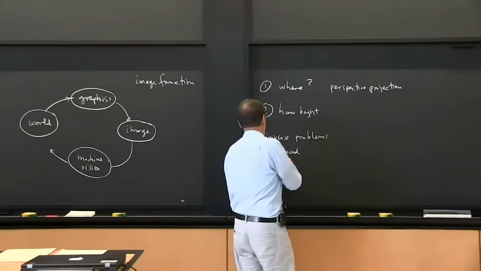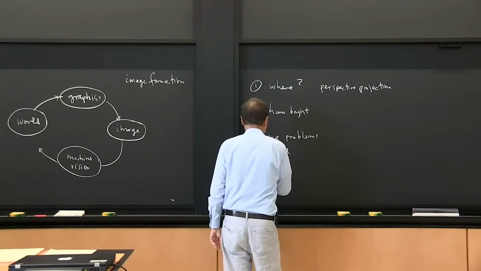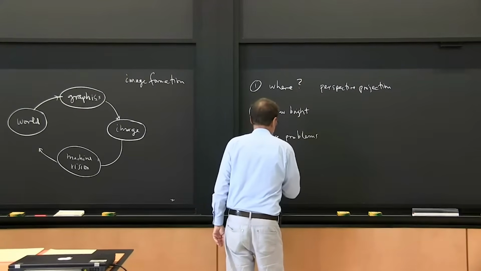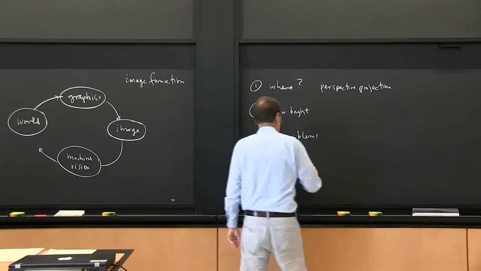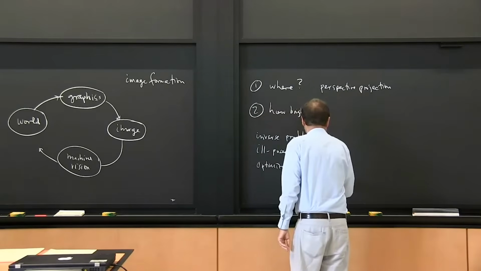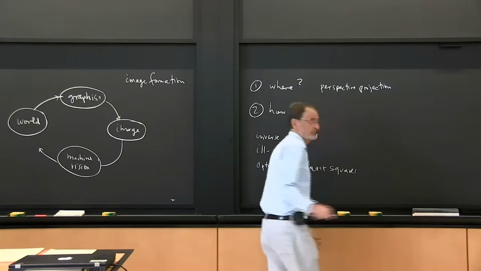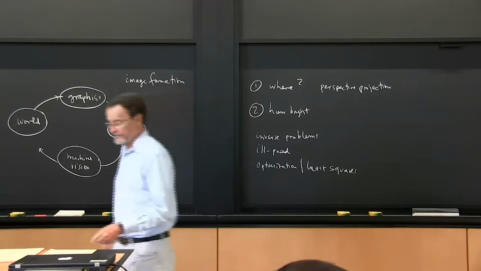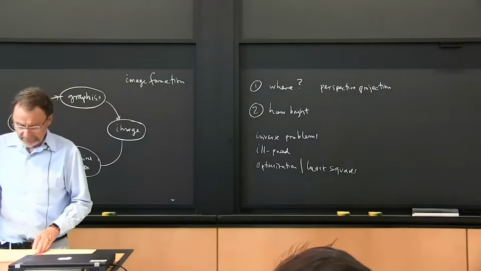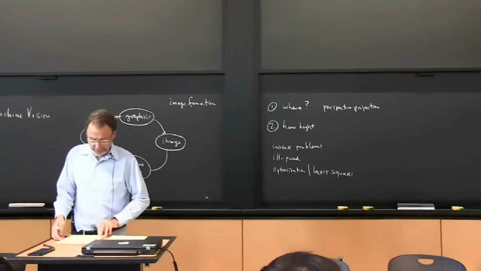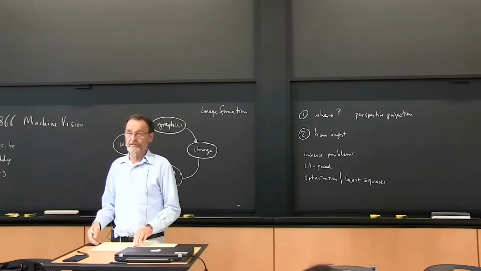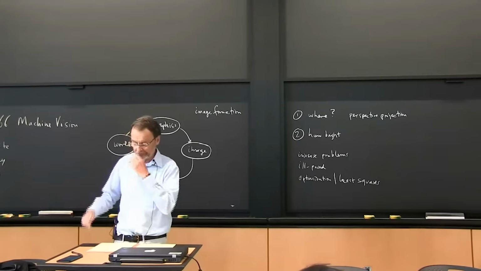And often we'll end up with some sort of optimization method. And in this course, the optimization method of choice is least squares. Why is that? Well, you know, the fancy probability people will tell you that this is not a robust method. If you have outliers, it won't work very well.